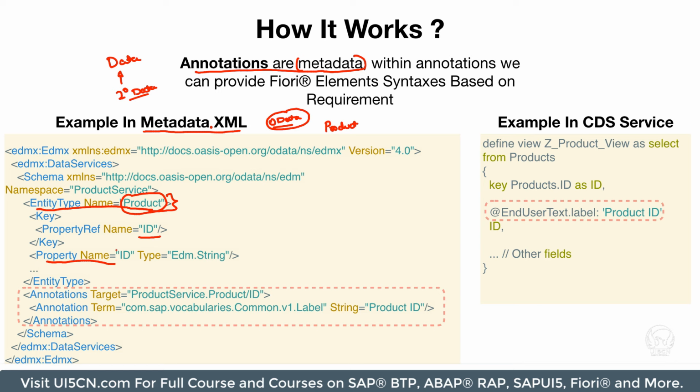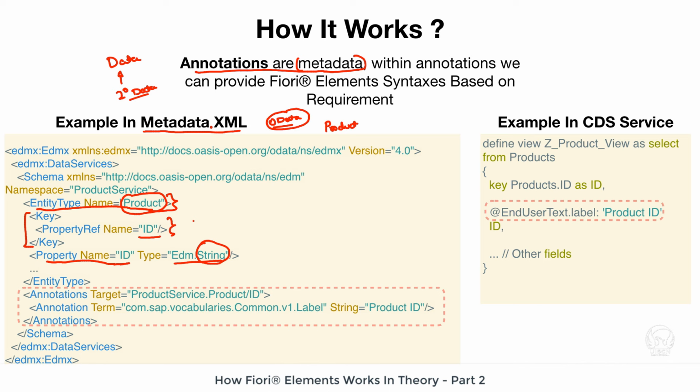It can have multiple properties which represent the elements or fields this particular OData service will provide information about. One is the ID, and this is going to be of type Edm.String, which is a string based format. There is also information about whether there is any key property, and using the key property you can filter and do operations on this OData service.